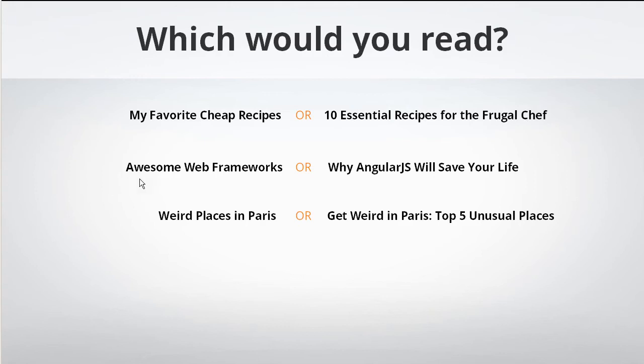So we have our generic awesome frameworks, or why, using that question word, AngularJS will save your life. Then we have weird places in Paris, or get weird in Paris, top 5 unusual places. So we have a number here and an adjective. You can really see how you can start to apply this formula to your headings to make them more interesting.